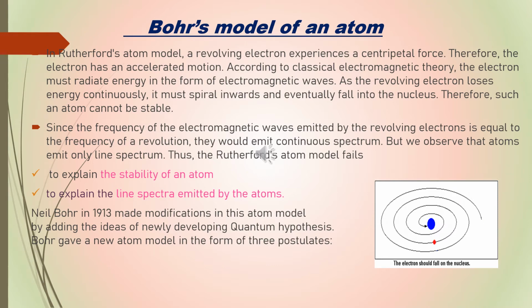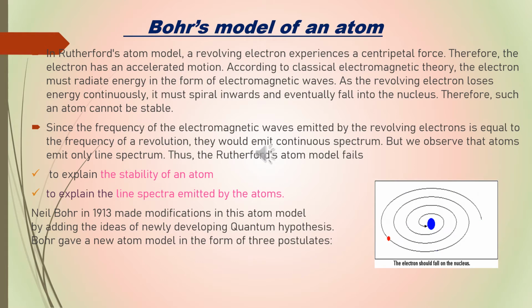The frequency of electromagnetic waves emitted by the revolving electrons is equal to the frequency of revolution. Hence, they would emit a continuous spectrum. But we observe that atoms emit only line spectra.